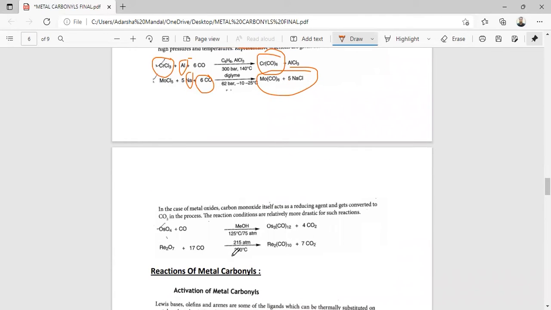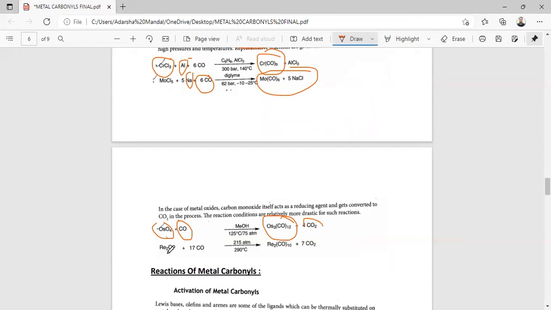Also, in the case of metal oxides, the carbon monoxide itself acts as a reducing agent and gets converted to carbon dioxide in this process, and the reaction conditions are relatively more drastic for such reactions. Here osmium oxide OsO4 and carbon monoxide, which is itself the reducing agent, in the presence of methanol at 125 degrees centigrade, form Os3(CO)12, and the carbon monoxide is converted to carbon dioxide.